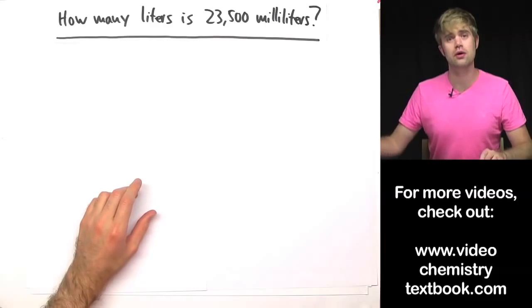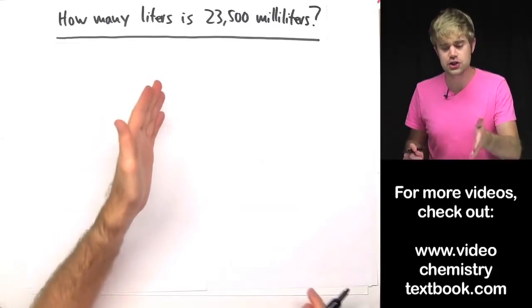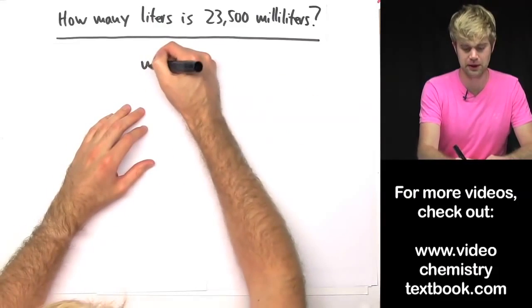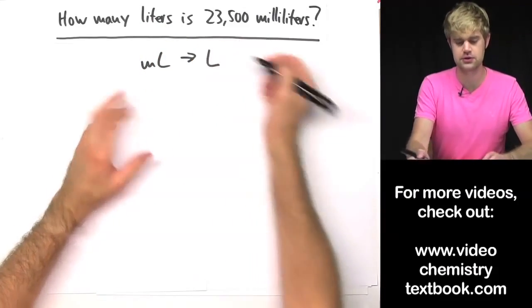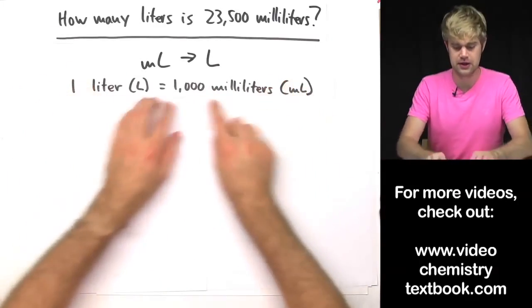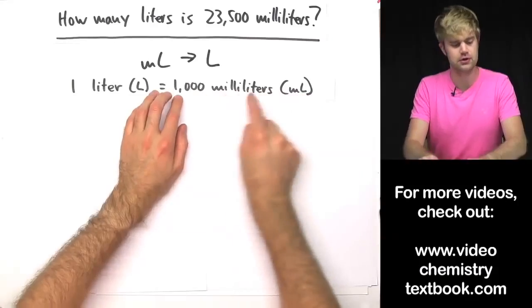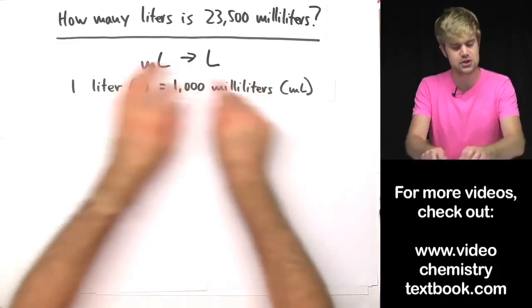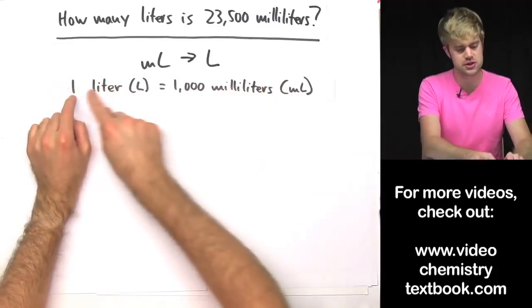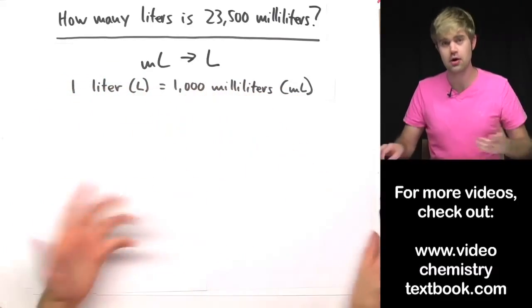All you got to do is figure out what the relationship between your two units is. So we are going from milliliters, ml, to liters, L. And you may already know this, but there is 1,000 milliliters in 1 liter. That's all you need. You can convert any two units that you want, just as long as you know the relationship between them.